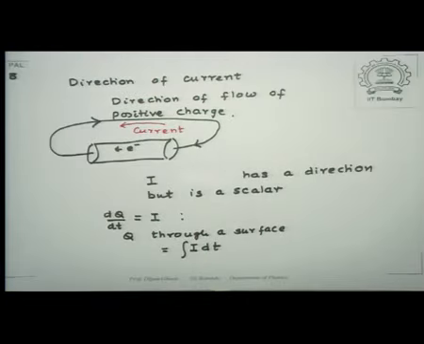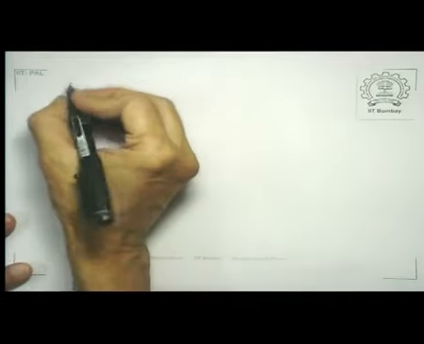So we have made a statement that current is not a vector, and we have talked about its unit. So we define a quantity which is related to current but turns out to be a vector. So the current density J is a vector, though current is not a vector.